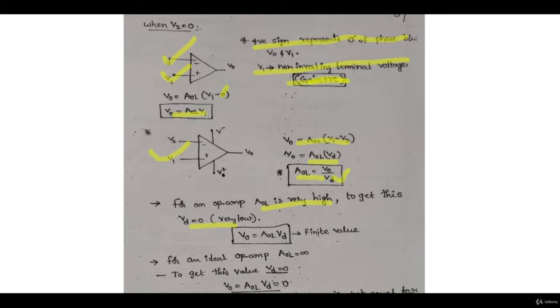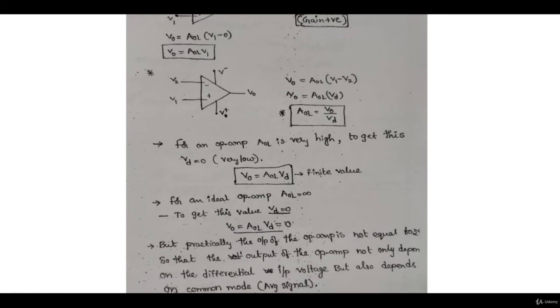It means V0 should ideally be 0, but some small finite value when you are dealing with it practically. Ideally, AOL should be infinite, meaning VD should be 0, meaning V0 should be 0, but it doesn't happen like that.